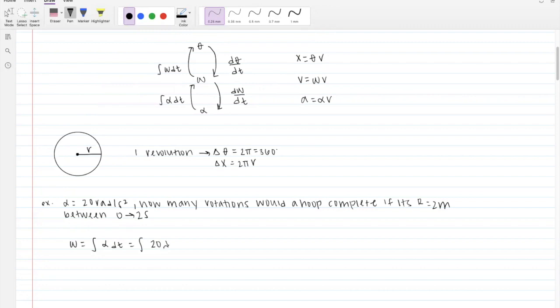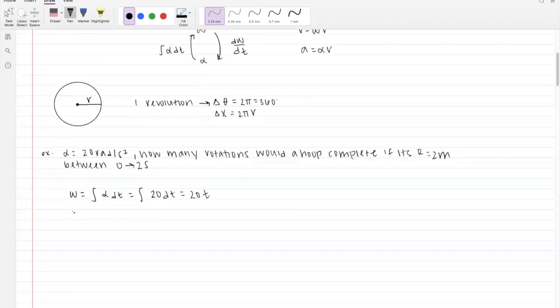So the integral of 20 is going to equal 20t. And for position, you take the integral of velocity.